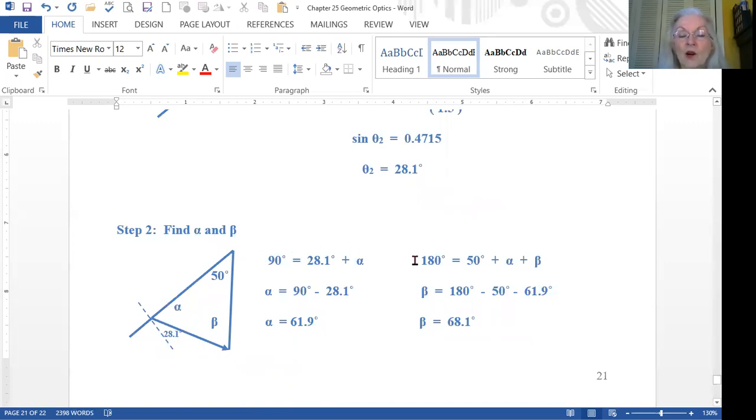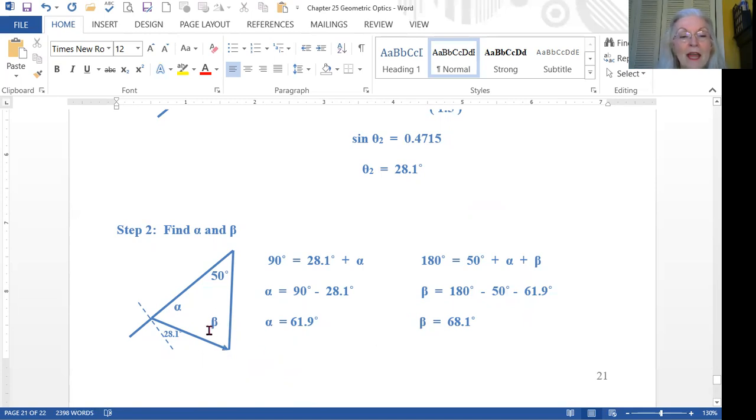We also know that the three angles of any triangle add up to 180 degrees. So 50 degrees plus alpha plus beta adds up to 180. Well, we know alpha, we just found it to be 61.9 degrees. So I can solve for beta and find out that it is 68.1 degrees.